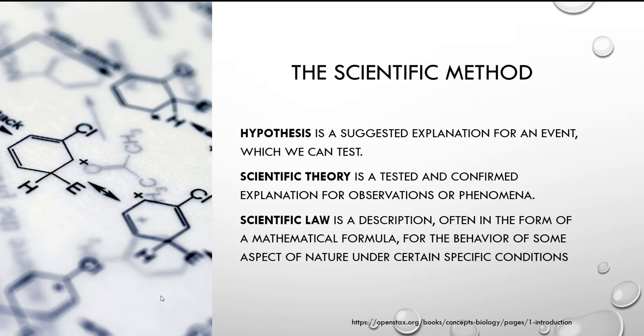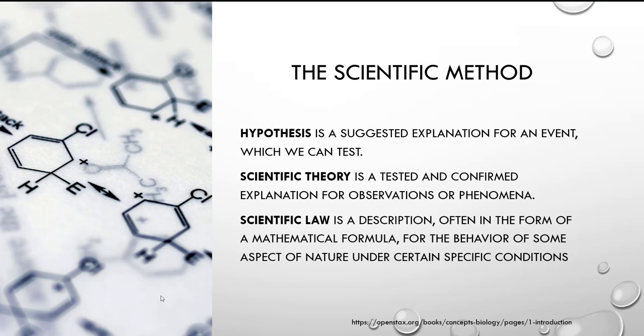And then finally we have scientific law. A scientific law is like a scientific theory, but it's more in the realm of math and physics. It's basically the same thing as a theory, but instead of for biology, we use it for math and physics, and sometimes chemistry. A scientific law is a description, often in the form of a mathematical formula, for the behavior of some aspect of nature under certain specific conditions.